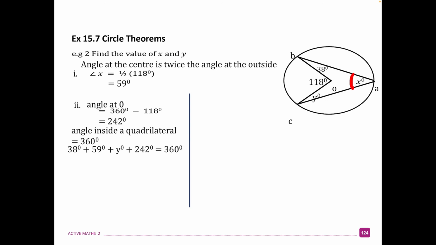This means that 38 plus 59 plus y plus 242 equals 360. Solving this out gives us y plus 339 equals 360. Therefore, y is equal to 360 minus 339, and we get an angle of y as 21 degrees.